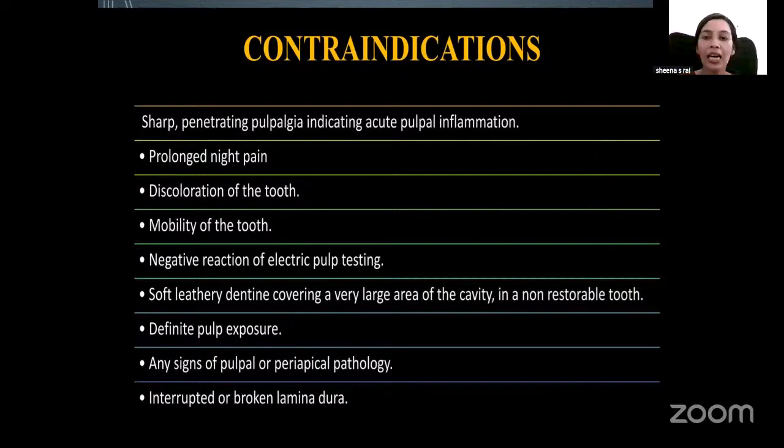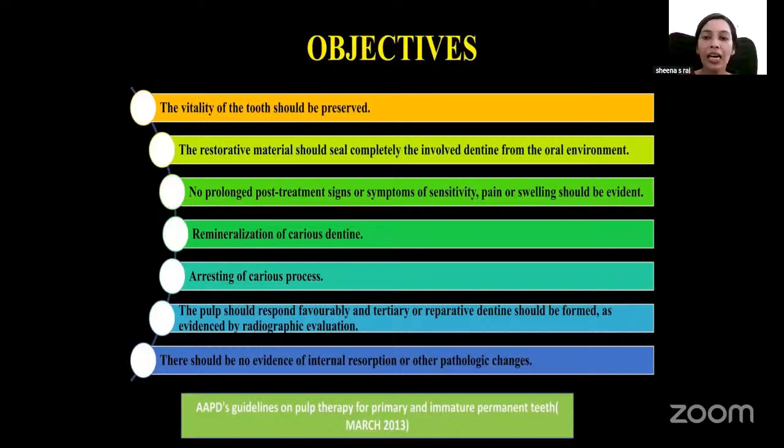That is very important. Now, what are the objectives? The objectives you need to keep in mind are, first, to maintain the vitality of the pulp. And the restorative material which we place seals the pulp, protecting it from the oral environment, to avoid the pulp getting necrotized or developing a symptom or sign.